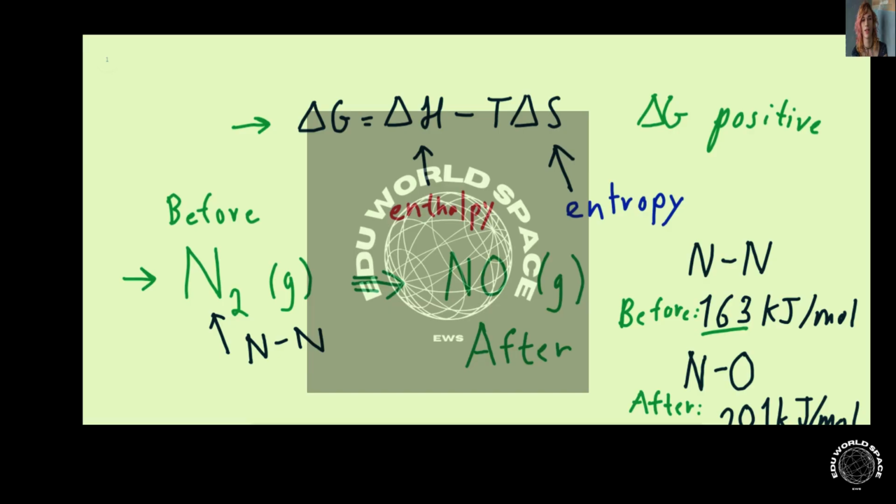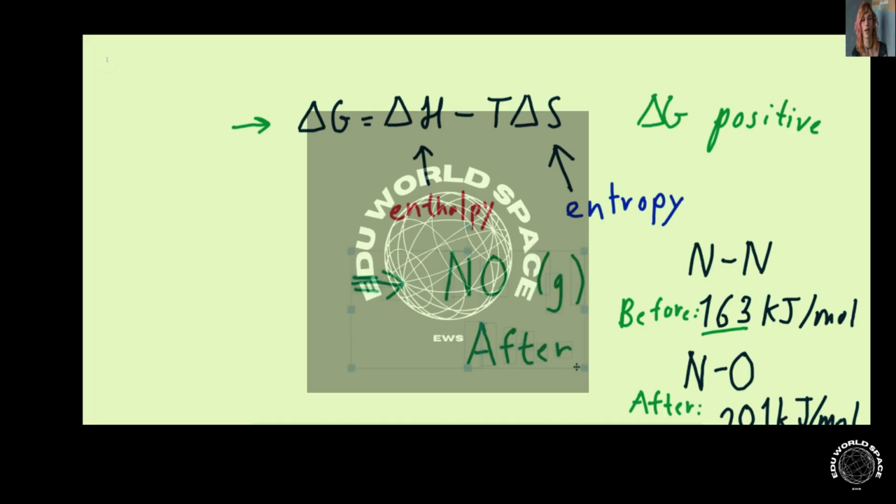So you see the number 201 and you see 163. The bond energy just gives it away.